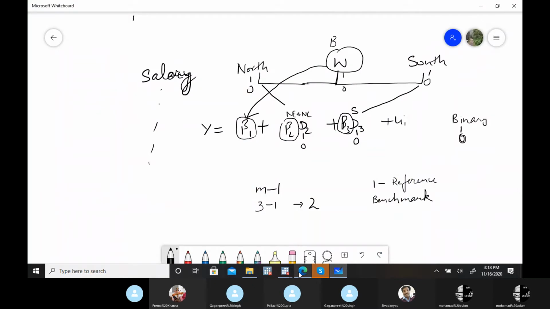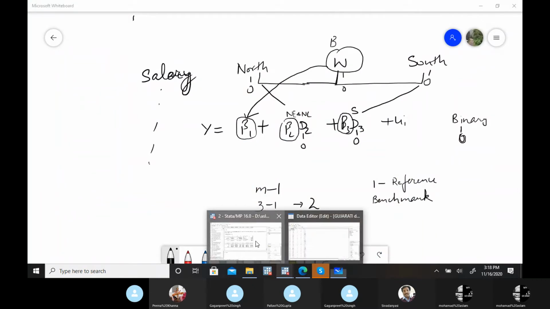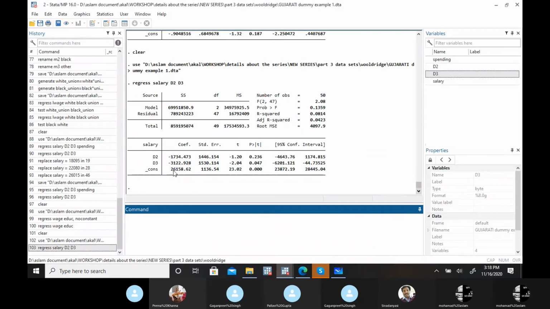It means on an average in West, the intercept will tell you the value for the benchmark category. In our case, this is West. So the average annual salary in West is 26,158. If it's dollar, then dollar. If it's rupees, then rupees.